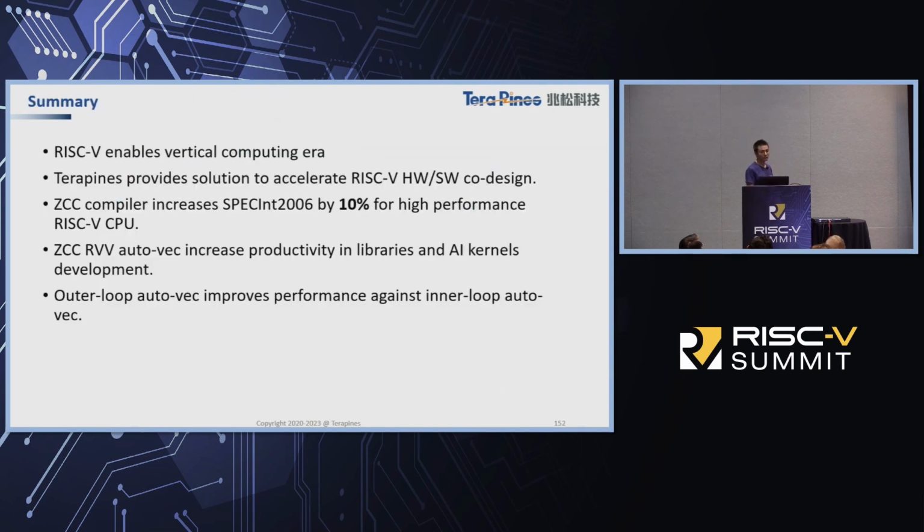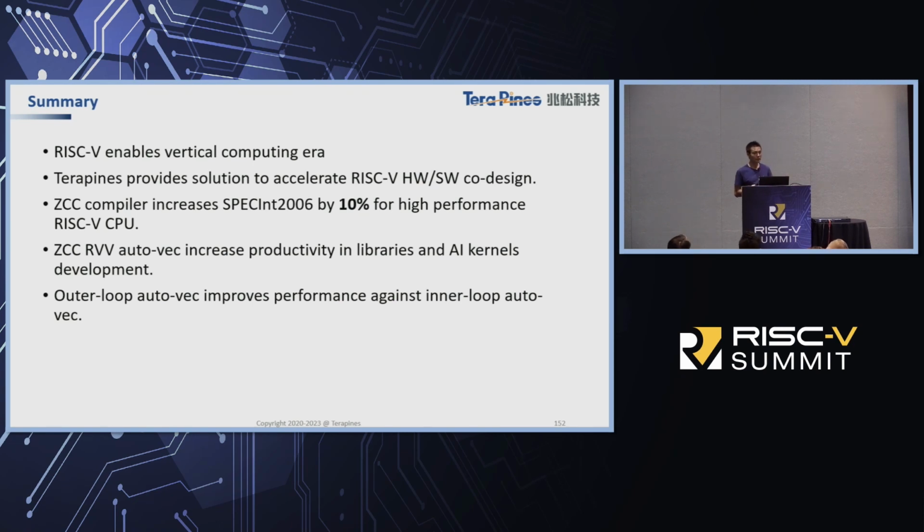So, the summary. RISC-V enables the vertical computing era. At Terapines, we provide a solution to accelerate software and hardware co-design. Also, our high-performance compiler increased SPECint 2006 by up to 10% for scalar RISC-V CPUs.